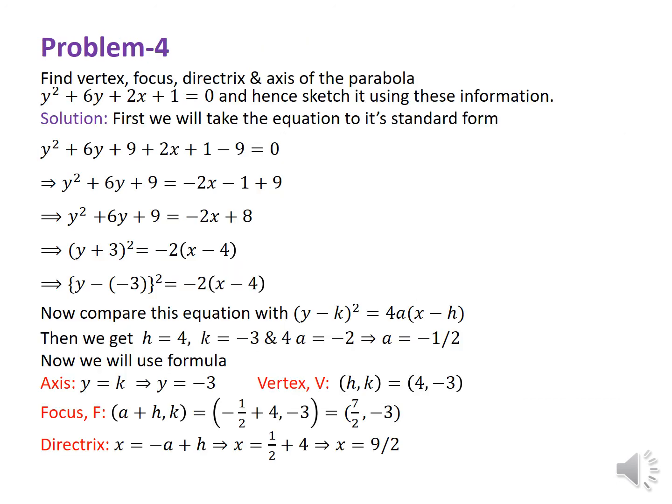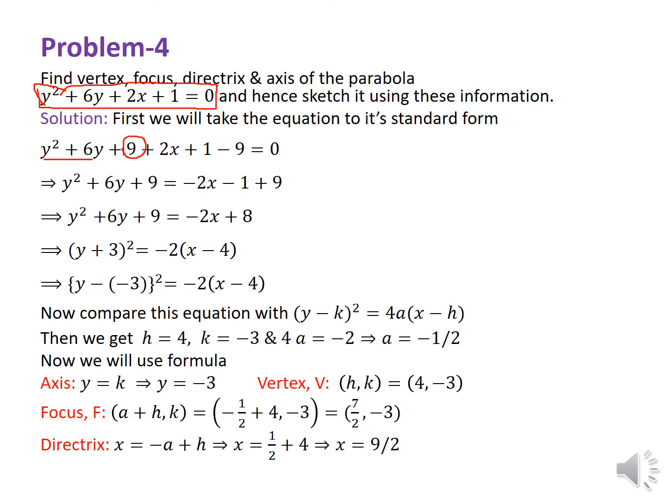We have another problem here, and for this problem the equation given is y² + 6y + 2x + 1 = 0. So it is also not in the standard form, and we have to convert it first into its standard form. So look here, we have y² + 6y. To complete the square we need 9.